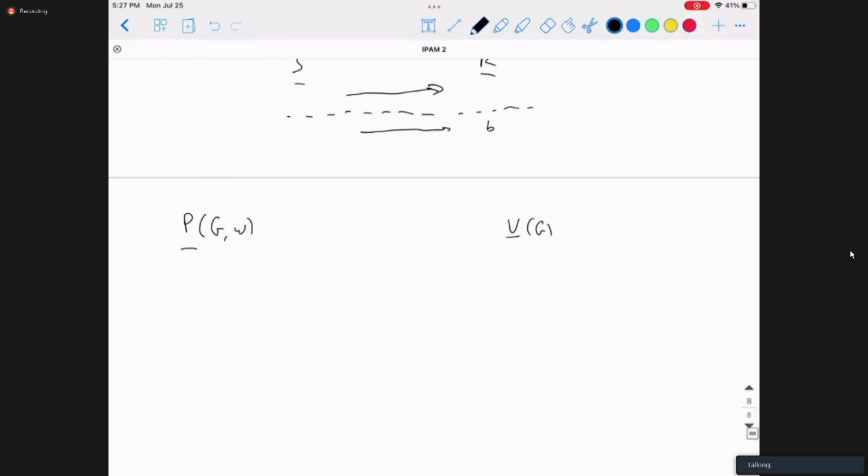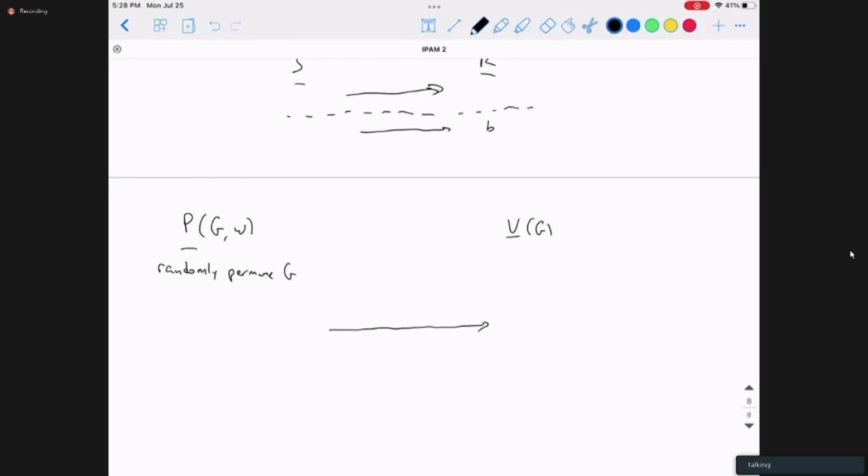What the prover is going to do is randomly permute the graph G. So what I mean by that is basically do a random relabeling of the vertices. And then it's going to commit bitwise to the adjacency matrix of that permuted graph.